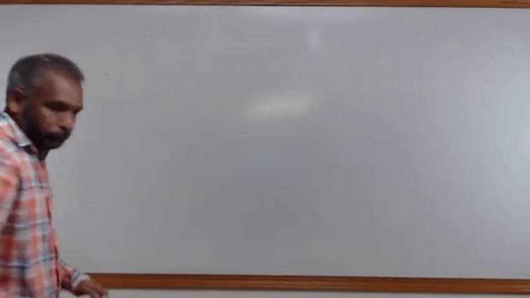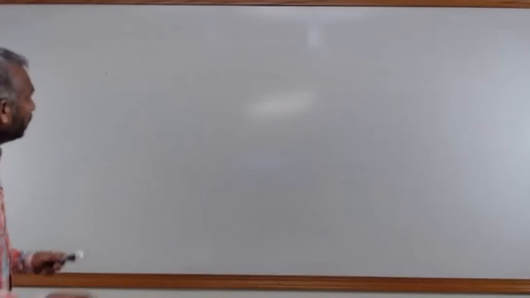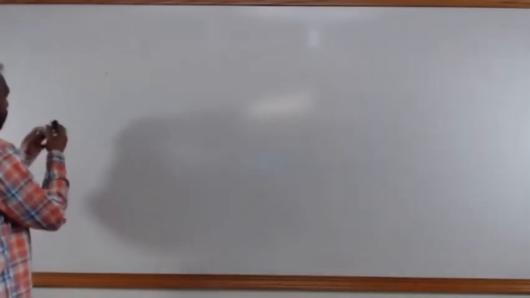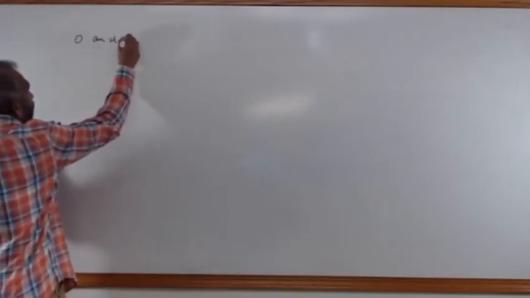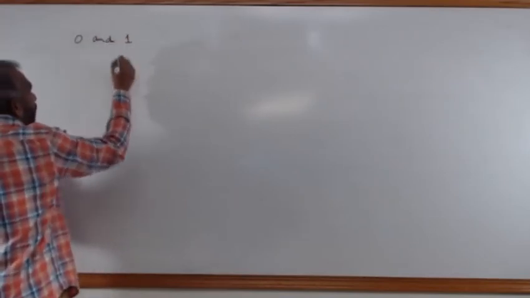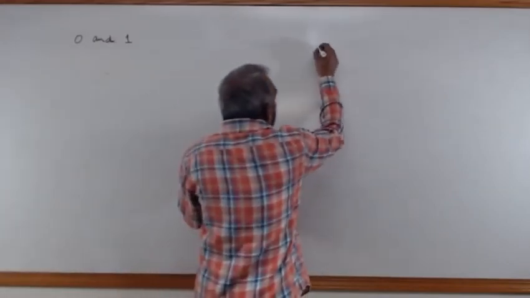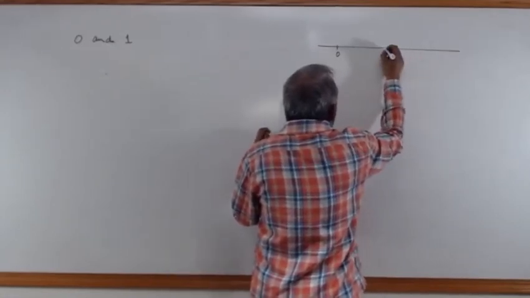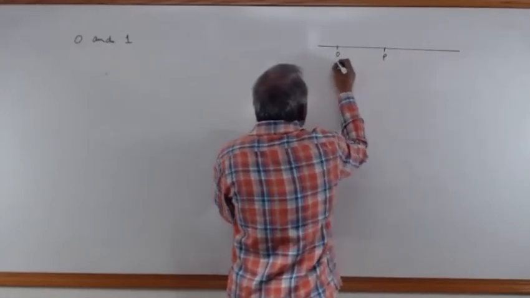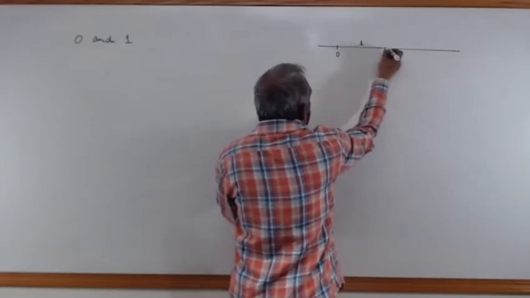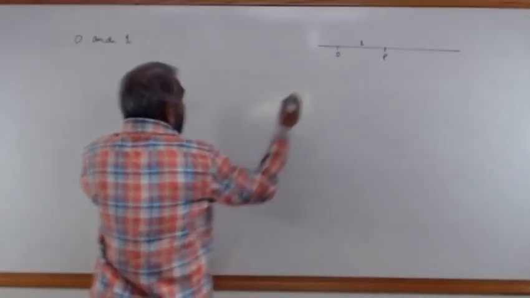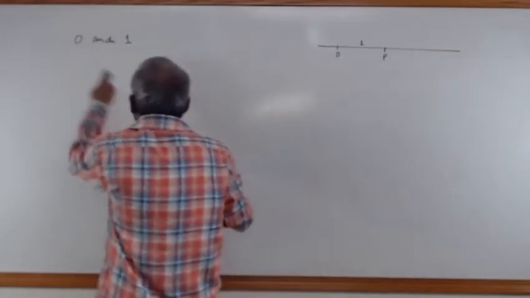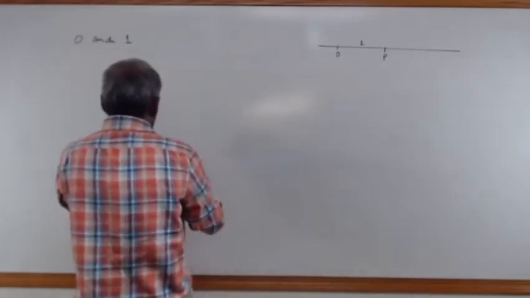So we have only two constructible numbers, 0 and 1. That is from the rules. So this is our 0 and this is 1, which I'm going to call P. This is OP, and this distance is 1. And 0 is the distance from O to O. So these are constructible numbers from the rules.